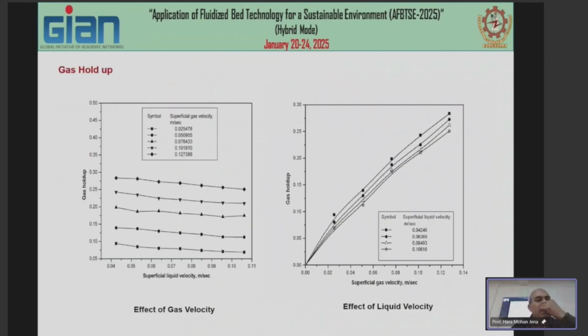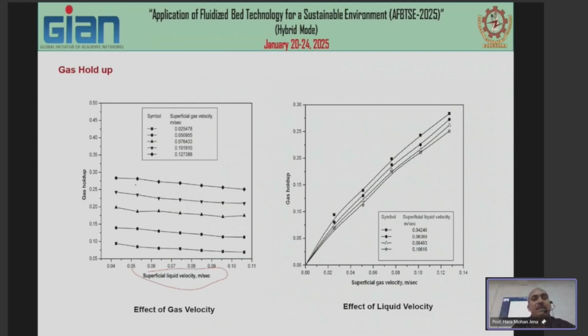Gas hold up variation with gas velocity and liquid velocity is like this. This shows the effect for different gas velocities, with variation of liquid velocity. With increasing liquid velocity at different gas velocities, the gas hold up decreases slightly.